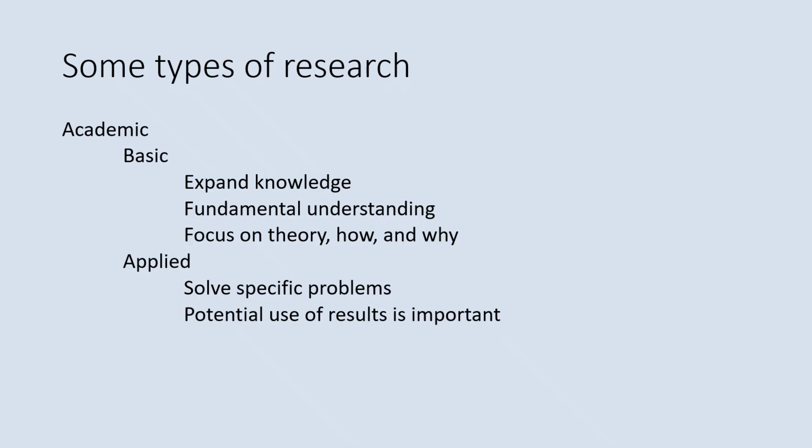In the application sense, the use of the result is the important component. In basic research, how you're going to use something isn't as important as being able to fully understand the thing.